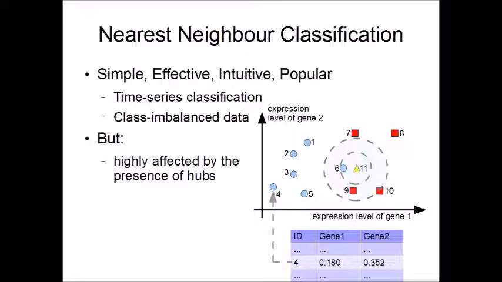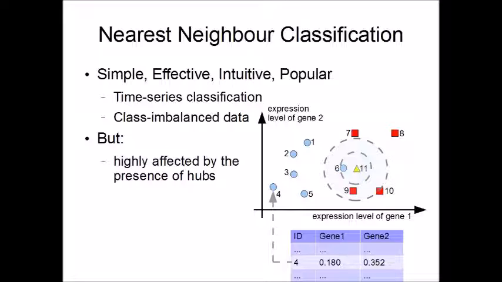The nearest neighbor classifier is one of the simplest classifiers which simply calculates the so-called nearest neighbors of this new patient. That is, it calculates those patients which are the closest to this triangle in this coordinate system. As you can see, the first nearest neighbor of this triangle is the circle numbered 6.